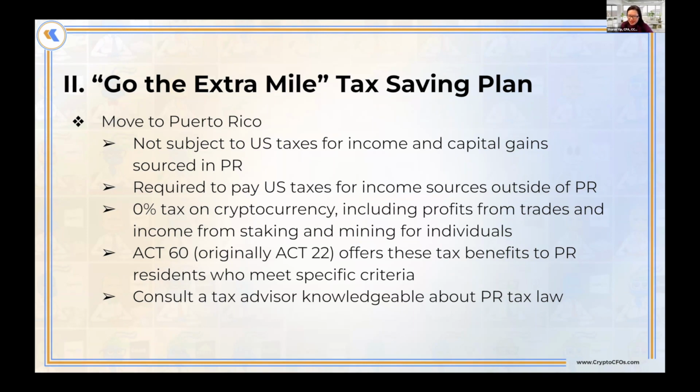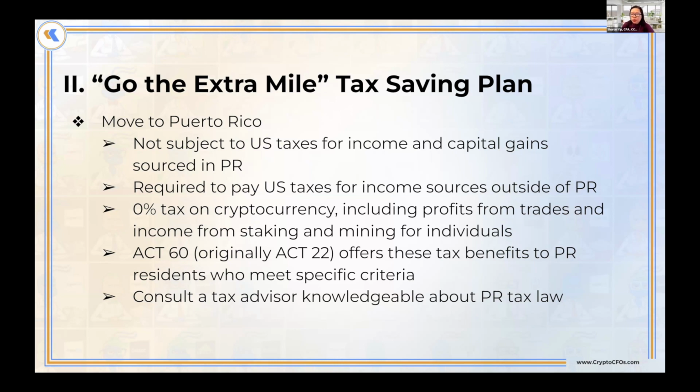Well, it really depends. Unlike moving to a foreign country, Puerto Rico residents are not subject to US taxes for income and capital gains sourced in Puerto Rico. That's the key: sourced in Puerto Rico. Because Puerto Rico is a US territory, not a foreign country.